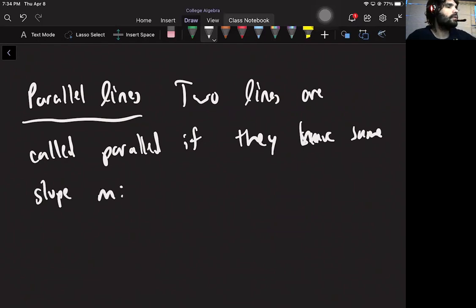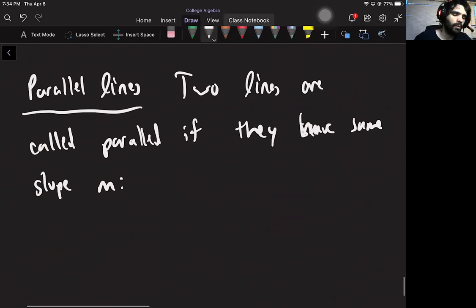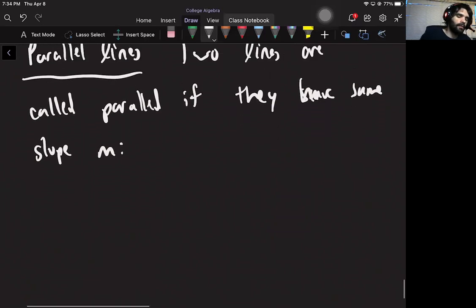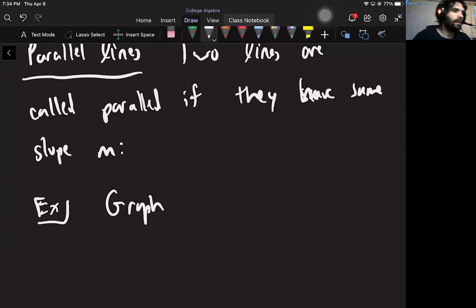So this is pretty quick to see when they're parallel or not. So let's graph these 2 lines and see that they're parallel.